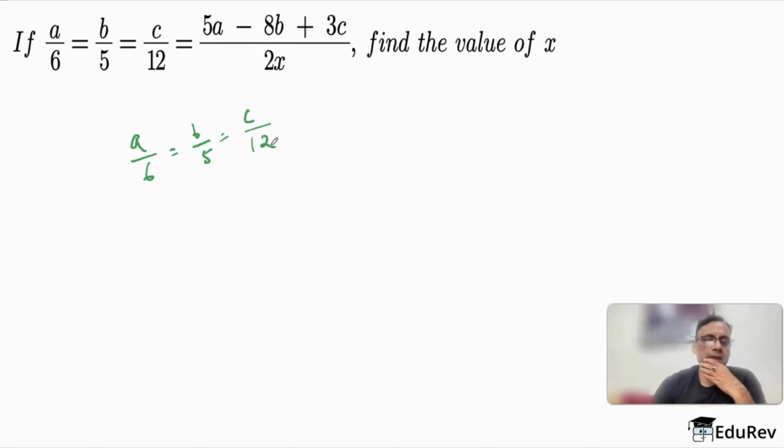Now, you see here that we need 5a. So what we'll do is multiply the numerator and the denominator both by 5. This will not change your fraction, because we have multiplied the numerator as well as the denominator. So it becomes 5a upon 30.